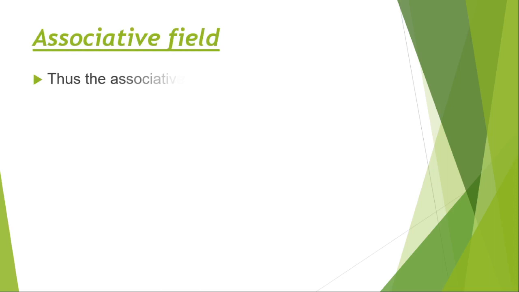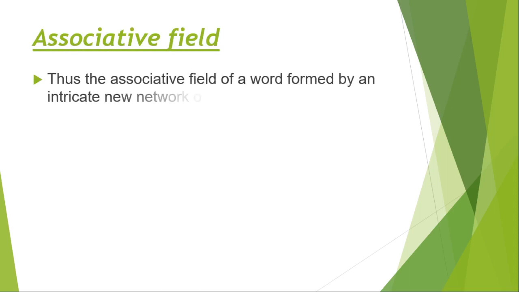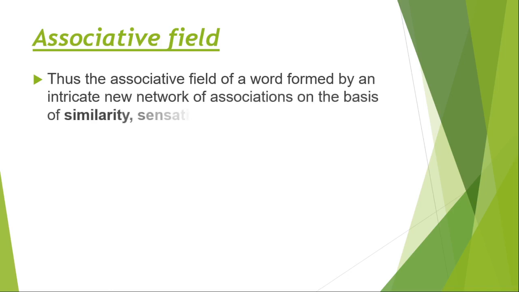This associative network is known as the associative field. Thus, the associative field of a word is formed by an intricate network of association on the basis of similarity, sensation, name, and collocation.